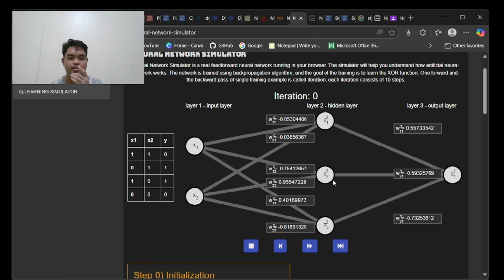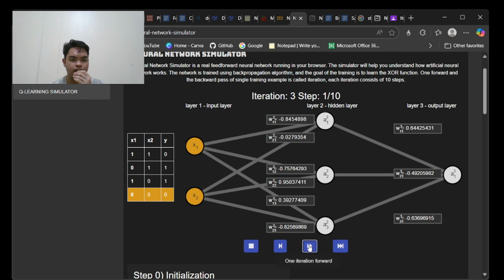So moving on. Now, as we start the simulation, we go from iteration 0 to, let's say, 100, so that will take a while. Now I'm starting the training by clicking 100 iterations. The neural network learns through backpropagation. We can see the error decreasing and the network getting better at predicting the correct XOR outputs.